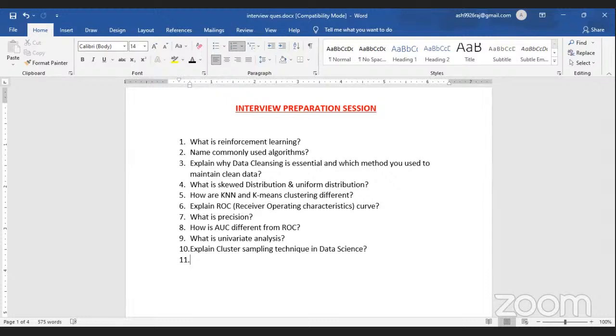The answer for the 10th question: the cluster sampling method is used when it is challenging to study the target population spread across a wide area, and simple random sampling cannot be applied in this technique. That is called cluster sampling technique.